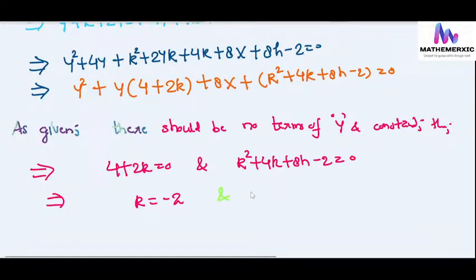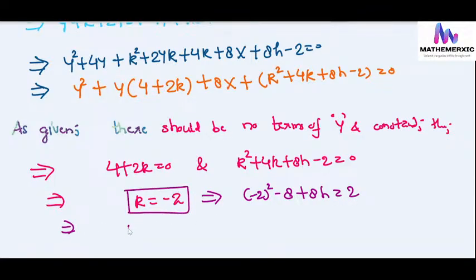And so it implies that minus 2 whole square minus 8 plus 8h is equal to 2. This we have got, now the second. So 4 minus 8 plus 8h is equal to 2, implies that minus 4 plus 8h equal to 2, so 8h equal to 6, h is equal to 6 by 8 or 3 by 4.